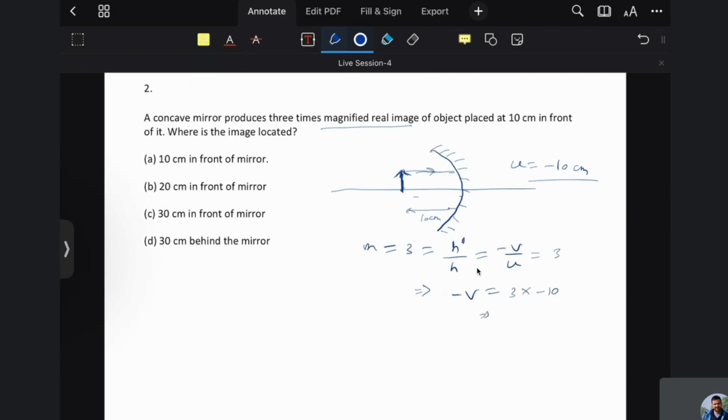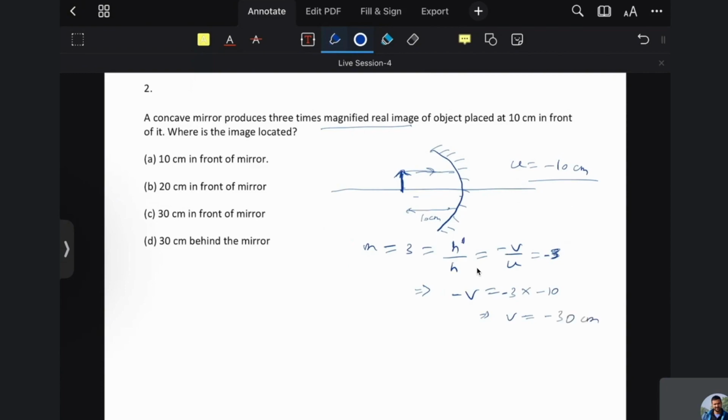Oh sorry, this 3 will be negative, because this image is real and inverted, so this h prime will come with a negative sign. So there are three negative signs, 2 will cancel and we'll have minus 30 centimeter.